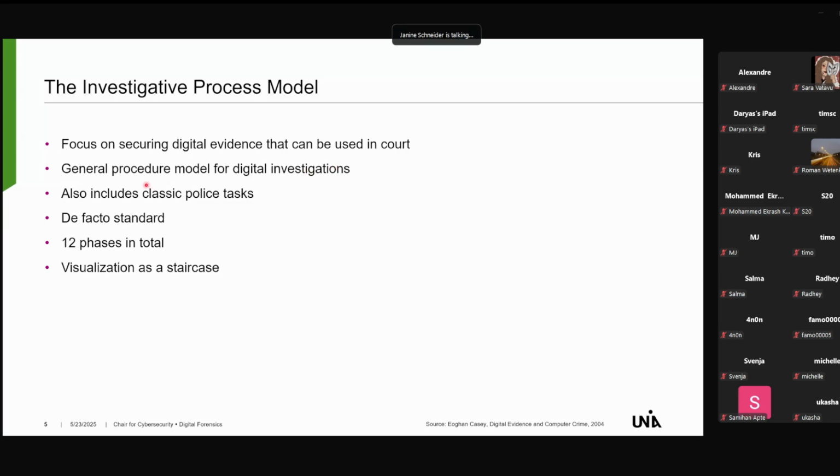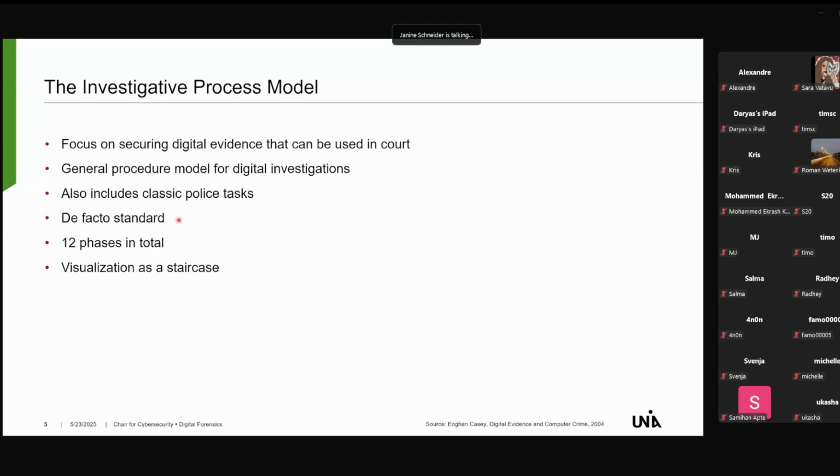It's a general procedure model for digital investigations, and therefore it also includes police tasks. So it's not only for digital forensics experts, but also for police people.